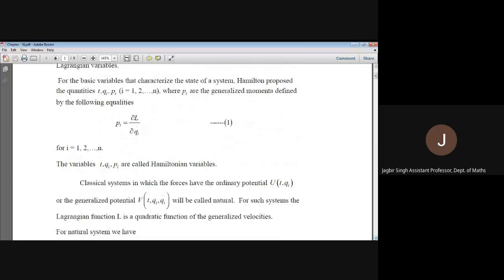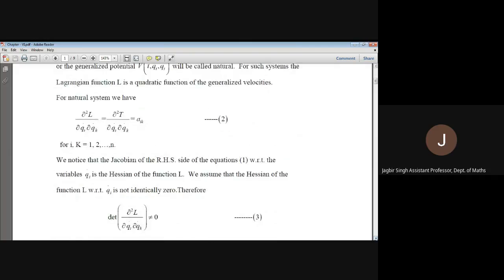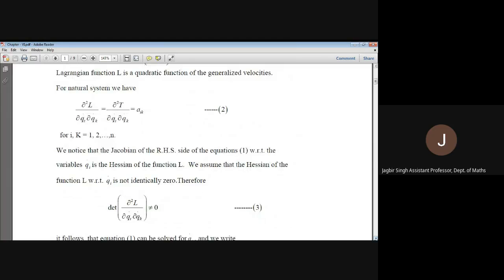So the partial derivative of Pi's with respect to Qi dots should be non-zero, or we can say that second partial derivative of L with respect to Qi dot Qj dot should be non-zero. It is stated in equation number 3. The determinant of curly 2L by curly Qi dot curly Qk dot should be non-zero, and this term is known as the Hessian of the function L.